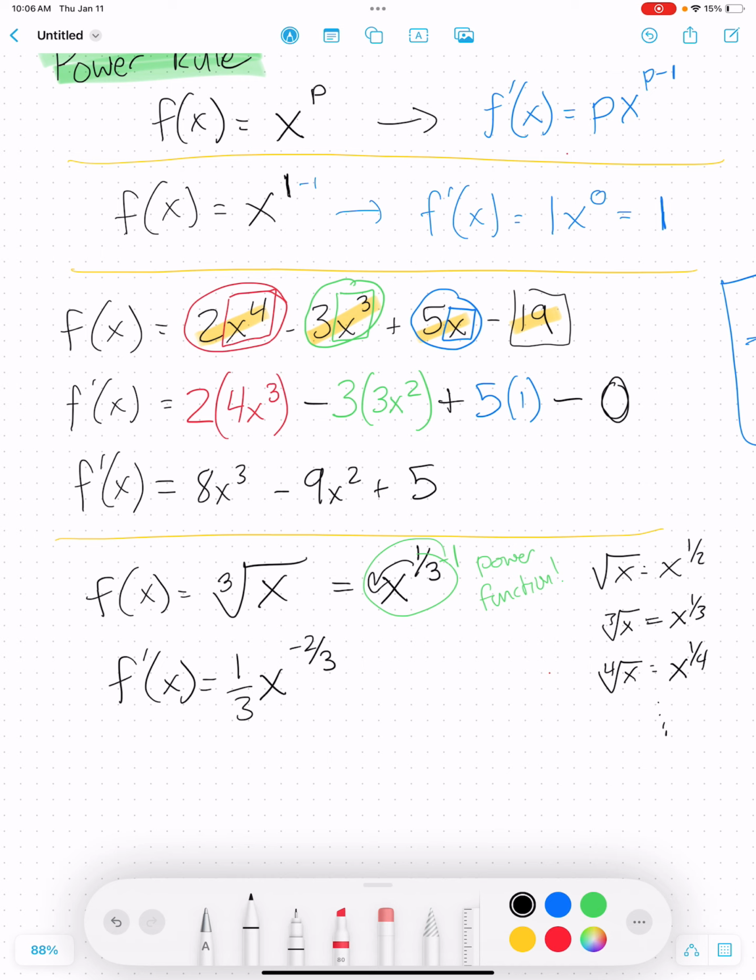Are we okay with that? 1/3 minus 1. Well, 1 I can rewrite as 3/3. And that gives me the negative 2/3. And so there's my derivative. So anytime you see a root, you can think of that as a power function.